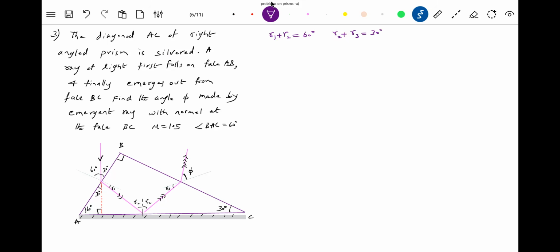This is silvered. How to calculate this angle phi? So we have mu of a prism also. Where is the prism? This is the prism. This everything is a prism.